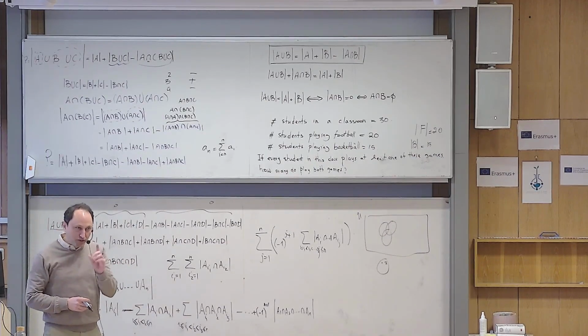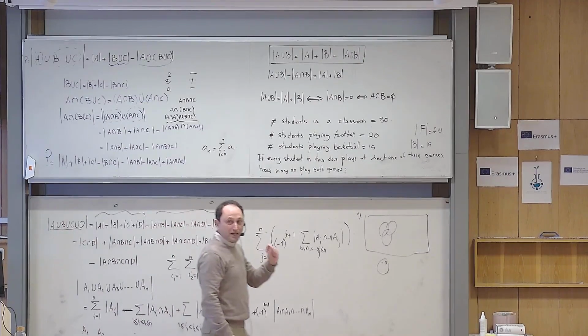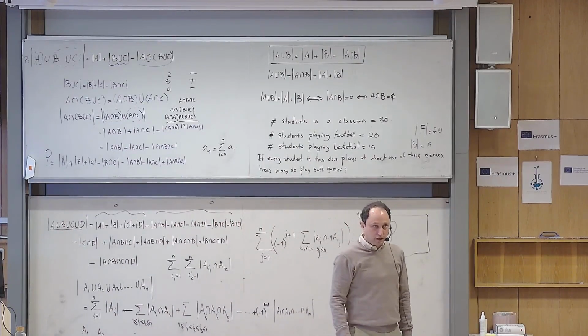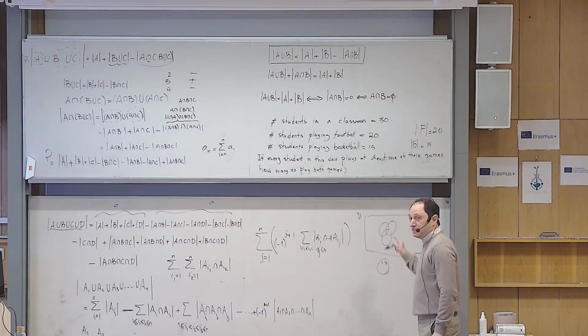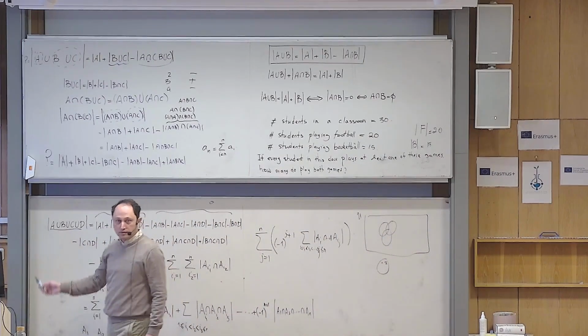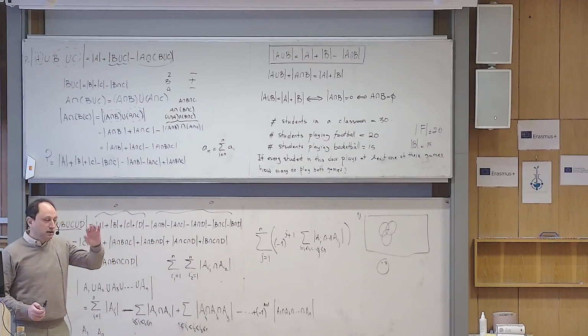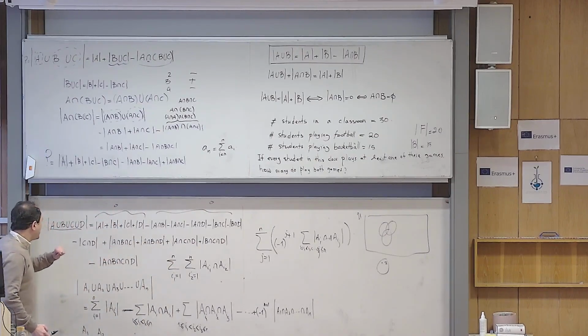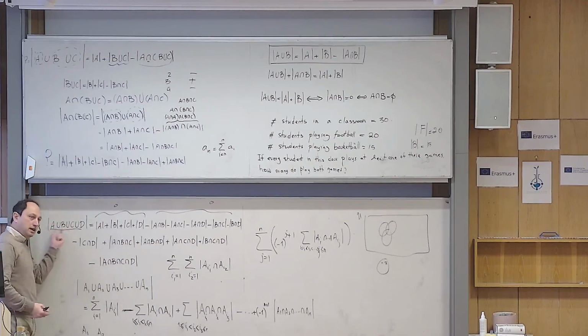But things become more interesting. If x belongs to exactly one of them, how many times is it counted on the left side? Imagine that x belongs to exactly one of them, say A. Okay? So how many times is it counted here? Once. Do you agree?